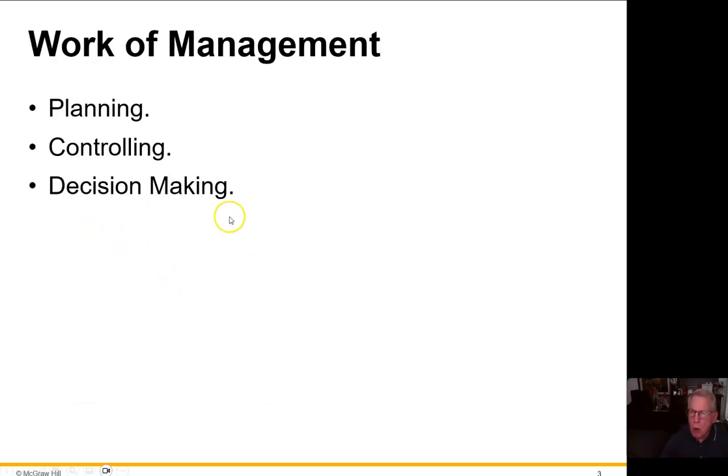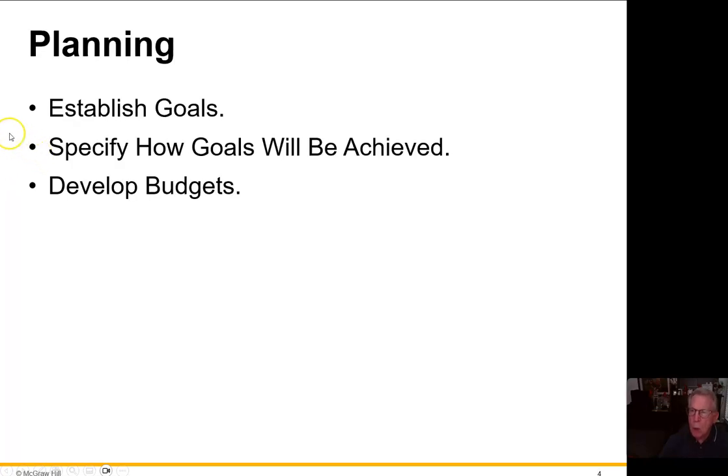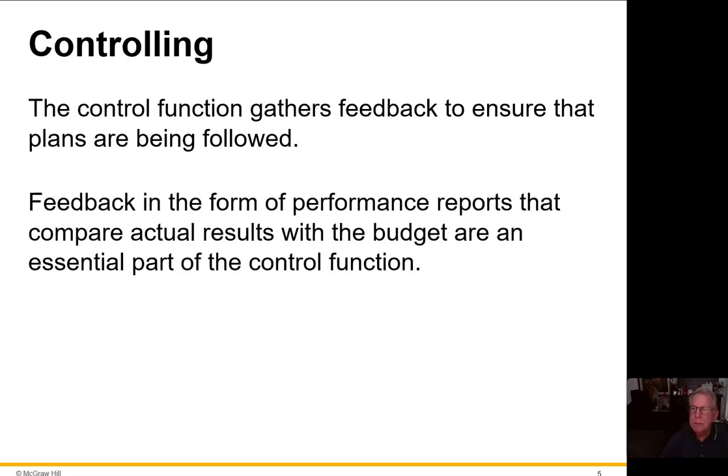All right, so the work of management then is going to be our planning, controlling, and decision making. When we plan, we're going to establish some goals, specify how we can attain those goals, and then develop some budgets that go with that to dollarize those goals that we want to achieve.